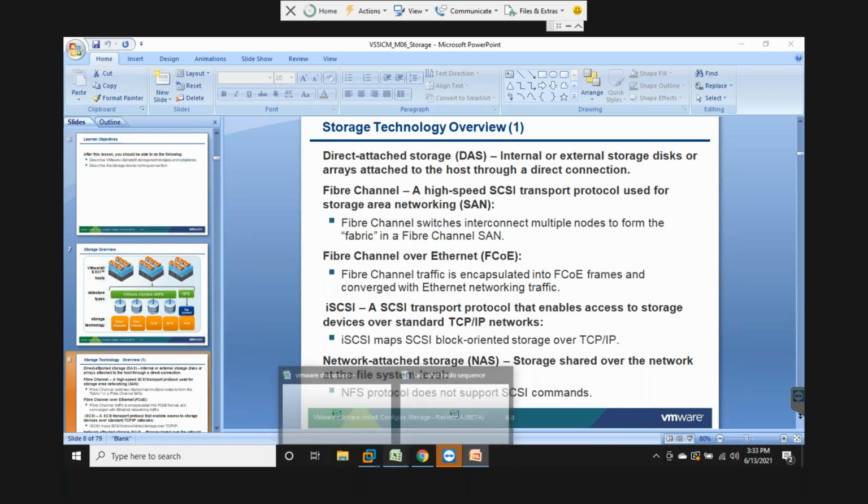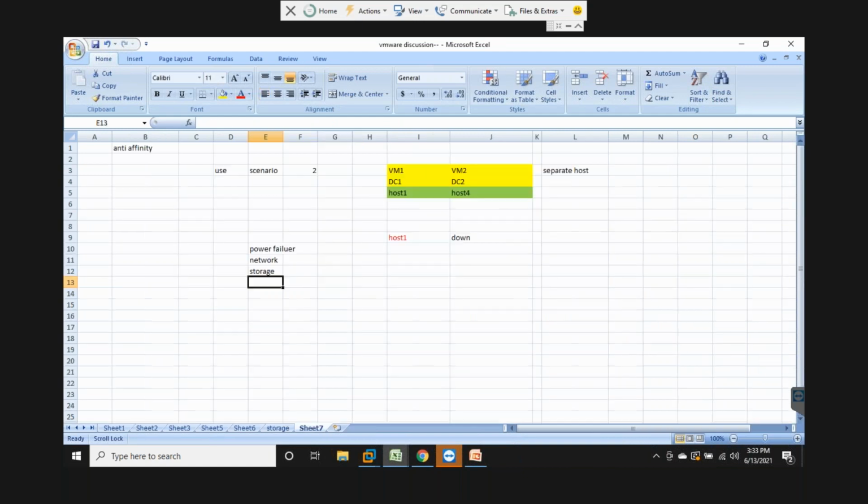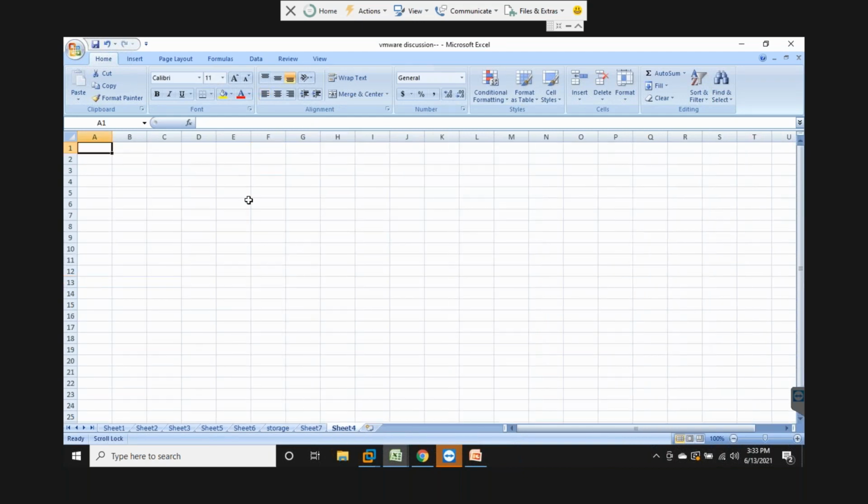So there are certain points you should remember, based on which we can classify storage types. First is what storage device you are using. Second is which protocol you are using.